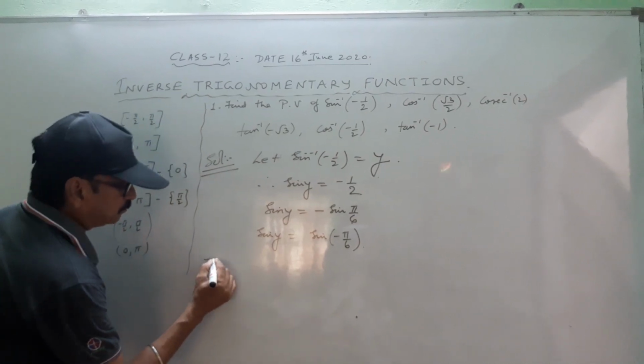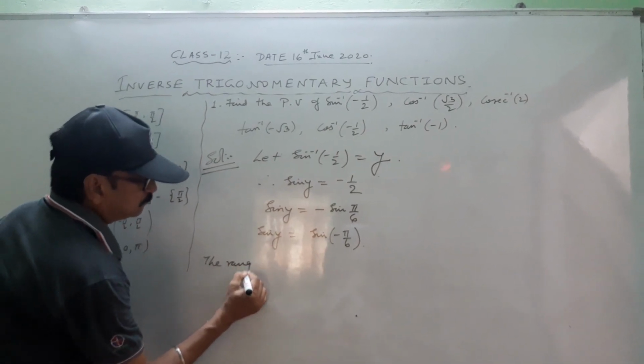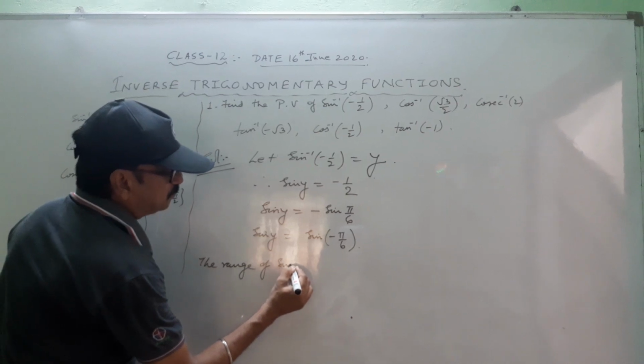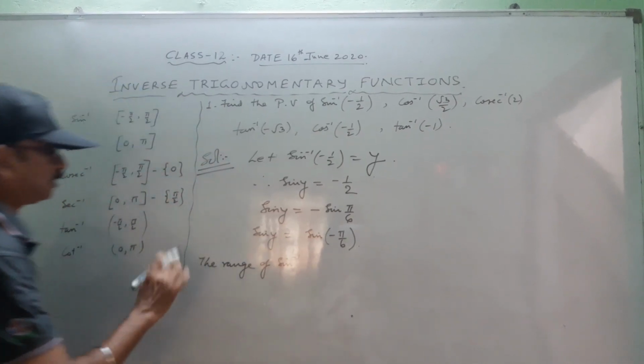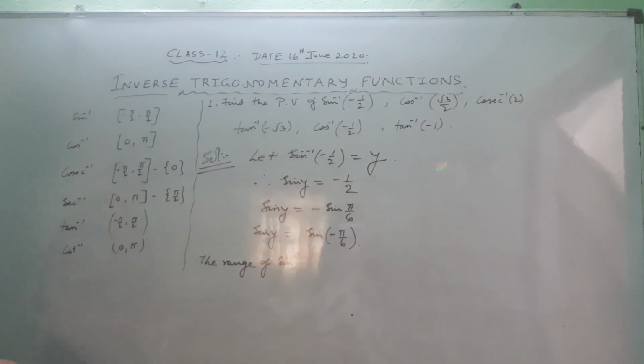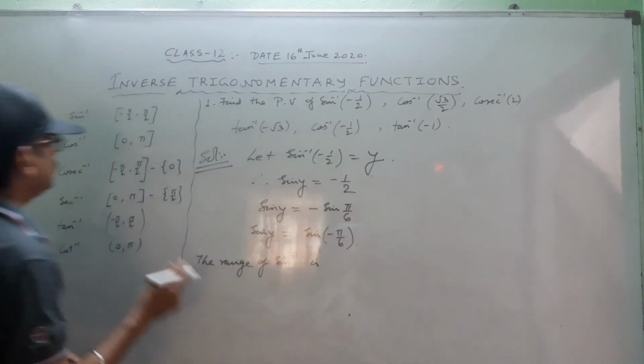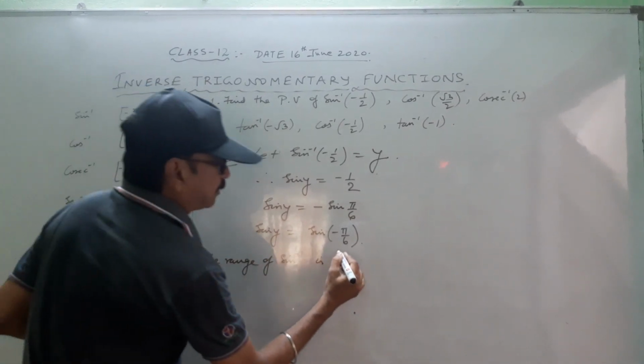Now the range of sine inverse is minus pi by 2 to pi by 2.